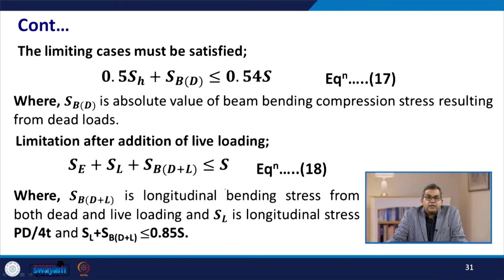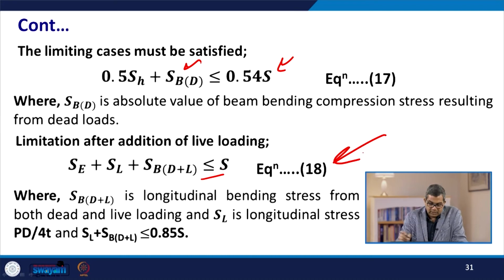So, the limiting case must be satisfied like 0.5 SH plus SBD is less than or equal to 0.54 S, and that is equation number 17, where SBD is the absolute value of beam bending compression stress resulting from dead loads. Now, limitation after addition of live loading, that is SE plus SL plus SBD plus L should be less than or equal to S, and that is equation number 18.